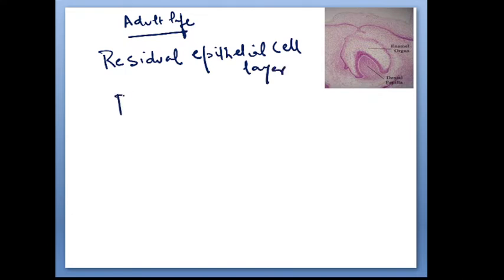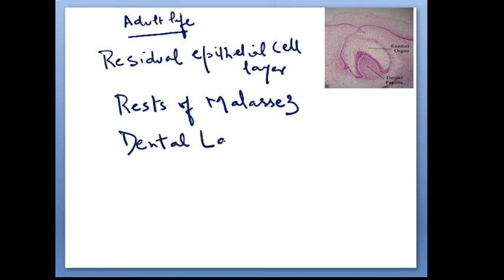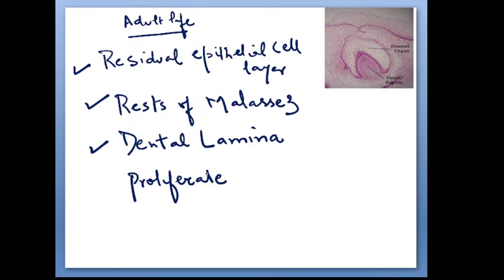Cell rests of Malassez are seen in the periodontal ligament, and even there are certain remnants of dental lamina. All these three are known to proliferate by certain genetic mechanisms or by unknown mechanisms to give rise to cysts.